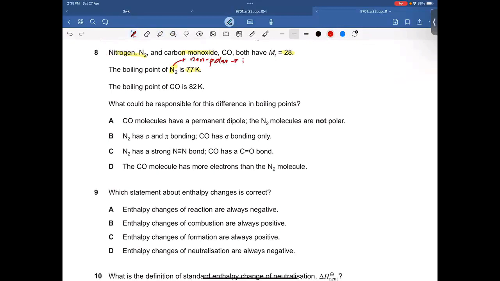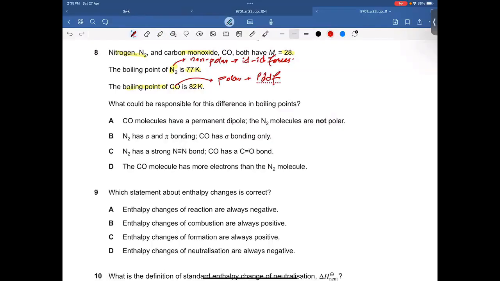It has instantaneous dipole induced dipole forces, which is also called van der Waals forces. The boiling point of CO is 82 Kelvin, which is relatively higher than this one. And CO is a polar covalent molecule because of the more electronegative oxygen. And also it has a linear geometry, and so it has permanent dipole forces.